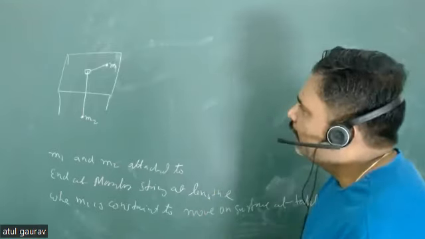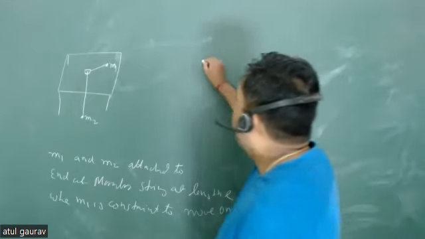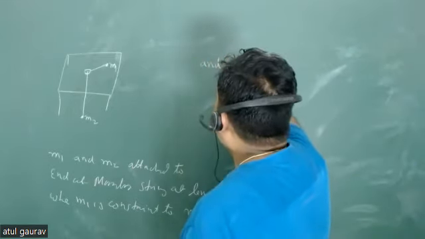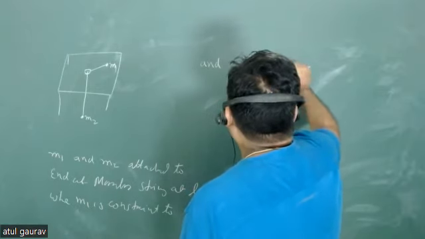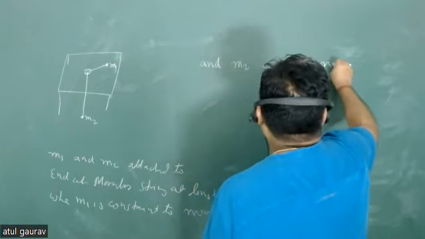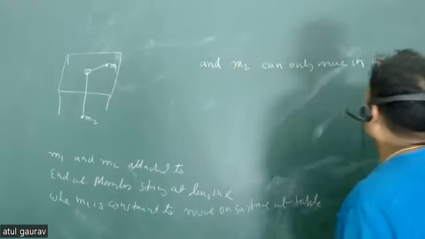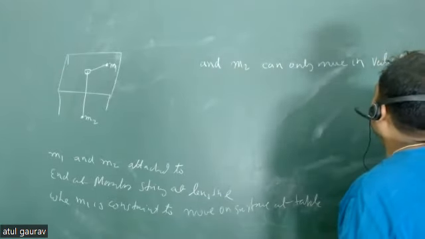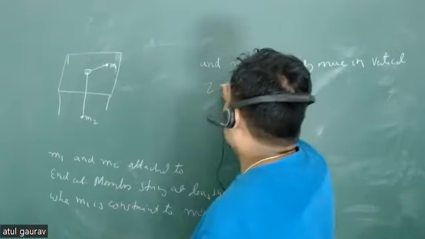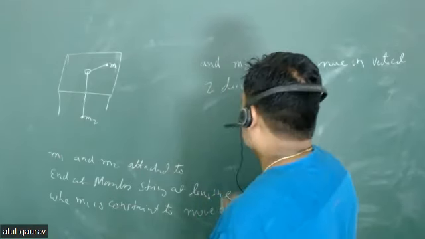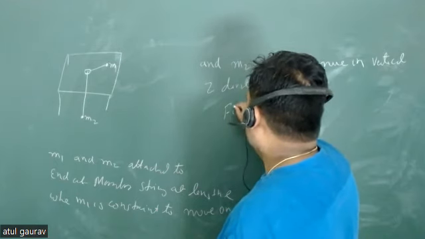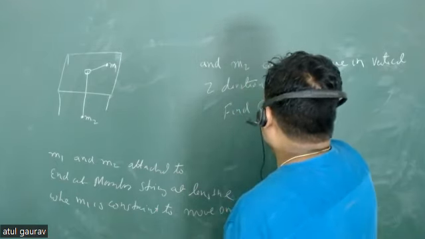Where is M1 moving? On the surface of the table. And M2 can only move in the vertical Z direction. So find the DOF.